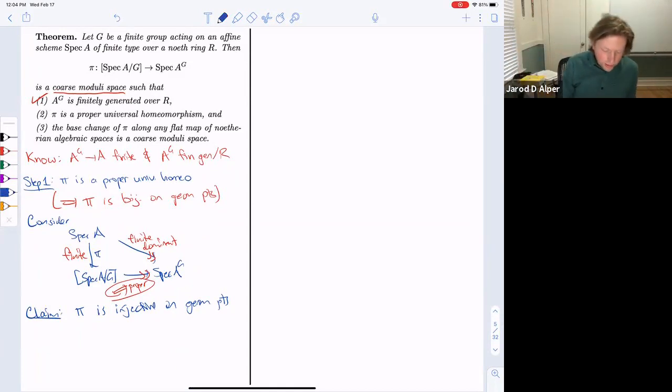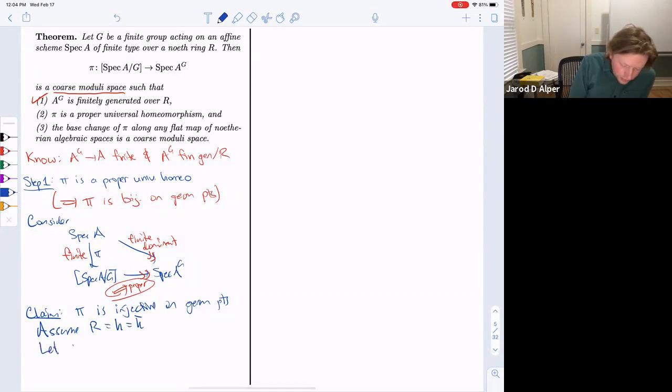And for this, everything comes down to geometric points. So we can assume that R is just K, algebraically closed. And we're going to let x and x prime in Spec A be two closed points with distinct orbits.